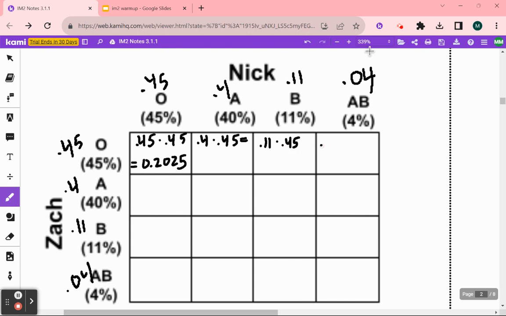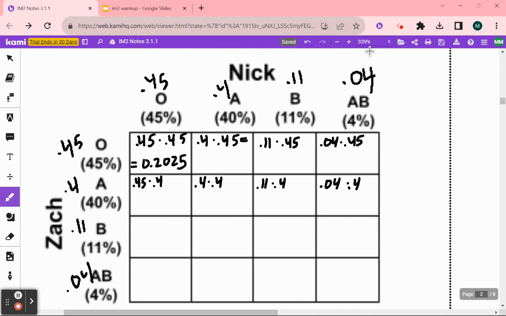This box will be 0.04 times 0.45. This box will be 0.45 times 0.4. This one will be 0.4 times 0.4. This one will be 0.11 times 0.4. This one will be 0.04 times 0.4.